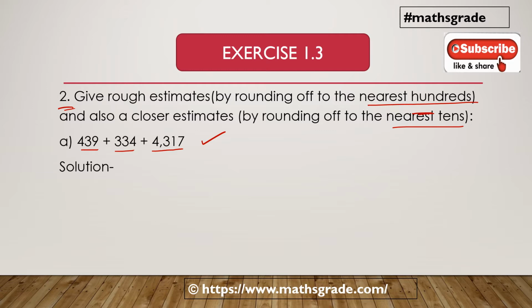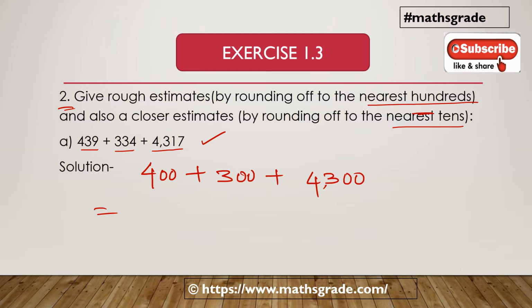Now estimating this sum: 439 rounded off to the nearest hundred, we got 400, plus 334 rounded off to the nearest hundred, we got 300, and 4317 rounded off to the nearest hundred, we got 4300. Now add these three numbers, 400 plus 300 plus 4300.